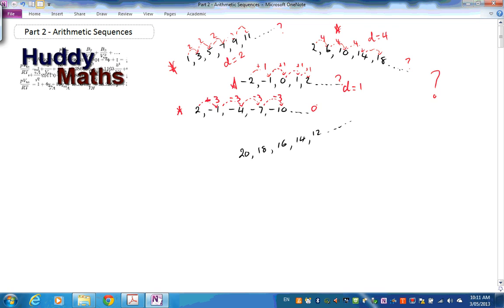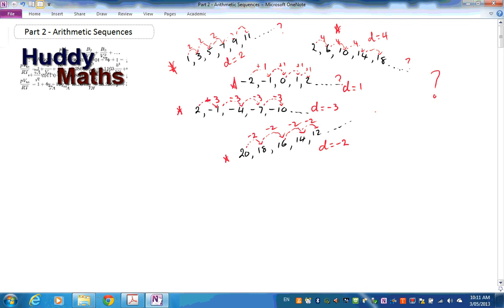So this one's got a common difference, and this difference is -3, the difference between the terms. And this one down here has a negative difference as well. You take off 2, take off another 2, take off another 2. Yep, that seems to follow the pattern. d is -2. So, do you get the hang of it?